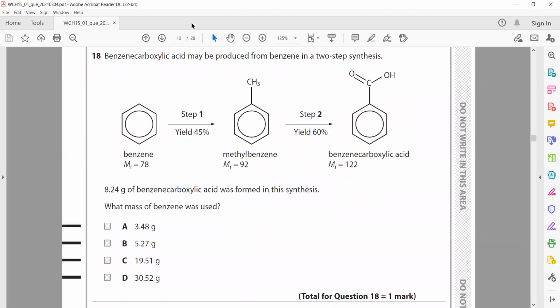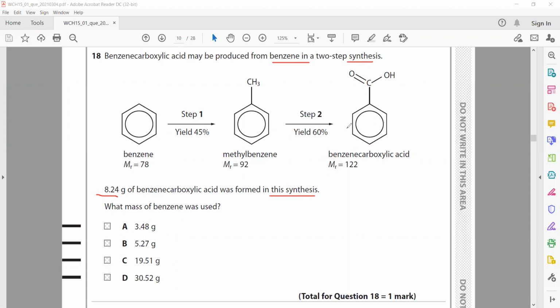Benzene carboxylic acid may be produced from benzene in a two-step synthesis. First benzene is converted into methyl benzene, and then methyl benzene is converted into benzene carboxylic acid. 8.24 grams of benzene carboxylic acid was formed. What was the mass of benzene used?